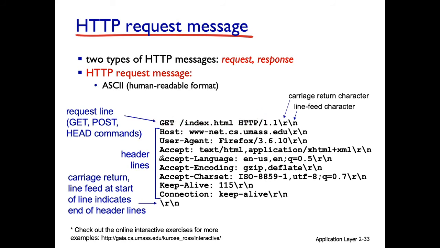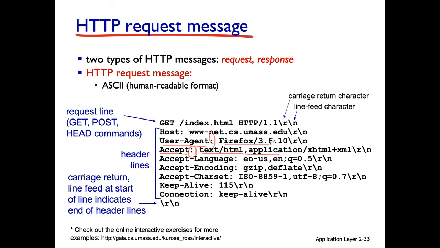Now, header lines. Syntax is also quite straightforward. Colon in the middle. Before the colon, this is called the attribute or the field name. And whatever comes after the colon is the value of the attribute or the value of the field name. All right, so User-Agent is a well-defined attribute in HTTP.